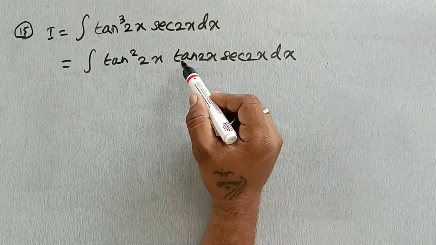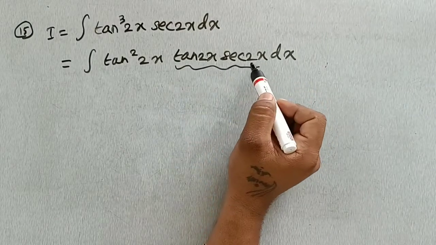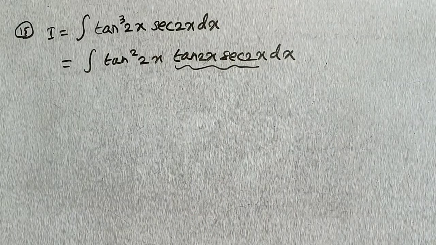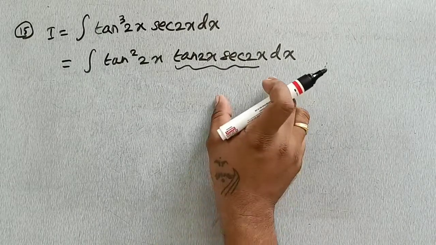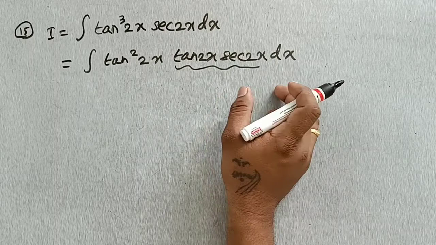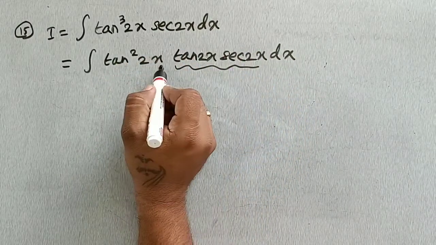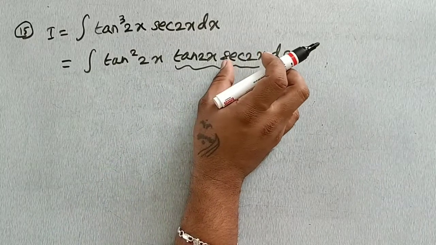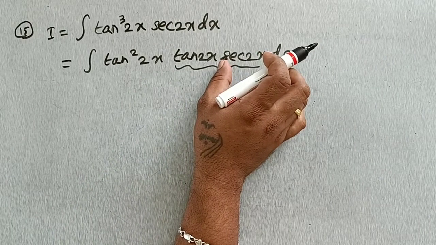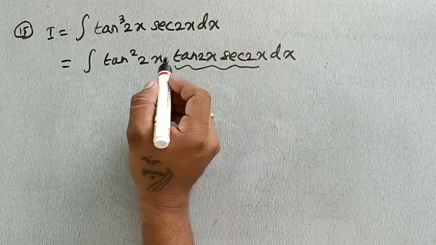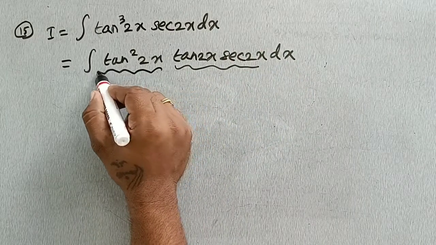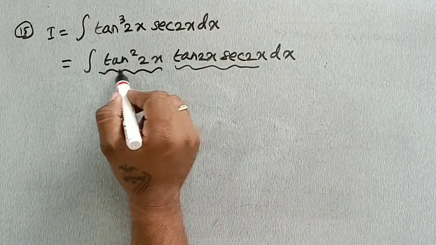So I have here tan x secant x, or secant x tan x. Differentiation of tan x equals secant square x, and differentiation of secant x equals secant x tan x. That secant x must be taken as t, but we don't have secant x separately here, that is multiplied with this. Actually this we need to take as dt. So we need one more secant x, but it can be derived from this tan square 2x.